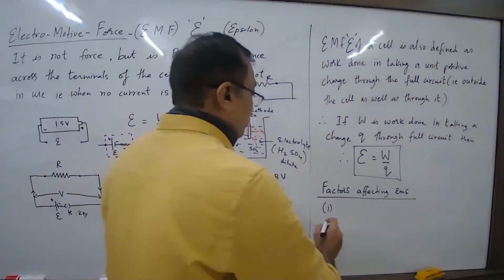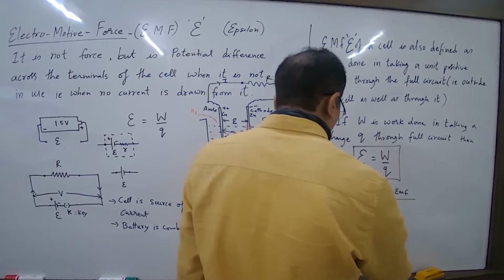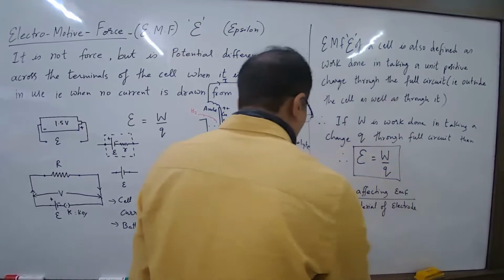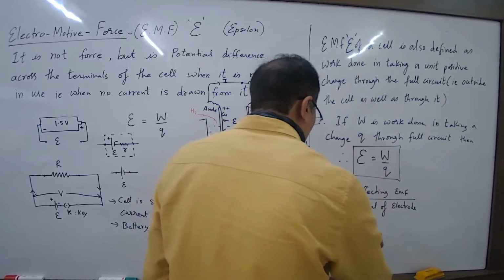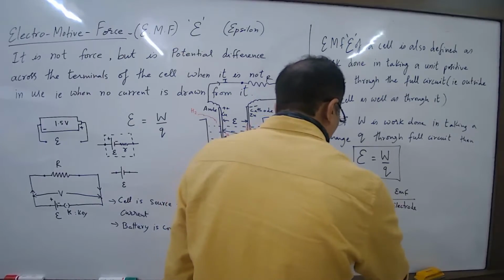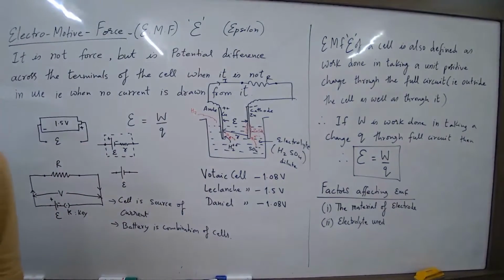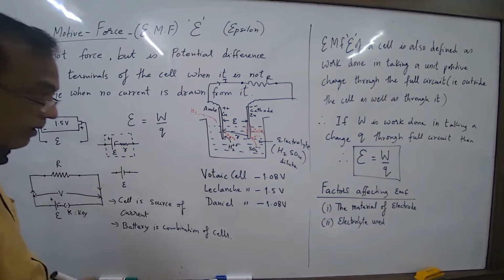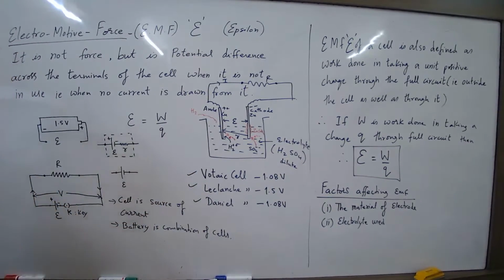The EMF depends on the material of the electrode and the type of electrolyte. Like instead of H2SO4, if you use HCl, the property will be different. Instead of copper and zinc, if we use some other substance, then the EMF of the cell will change.